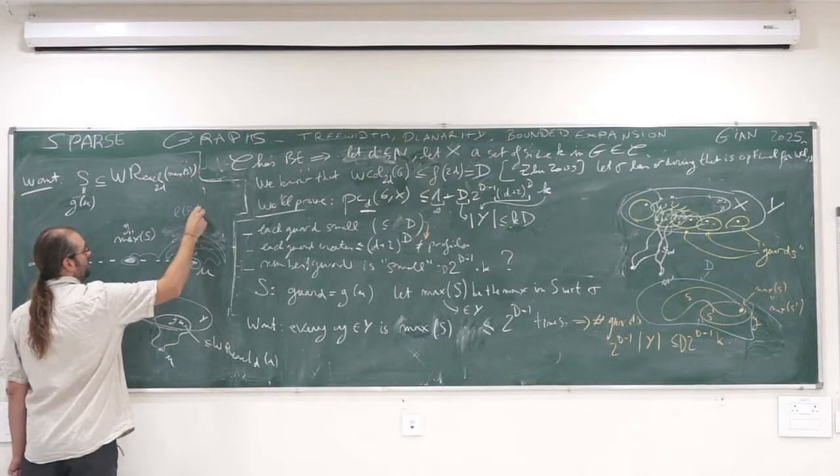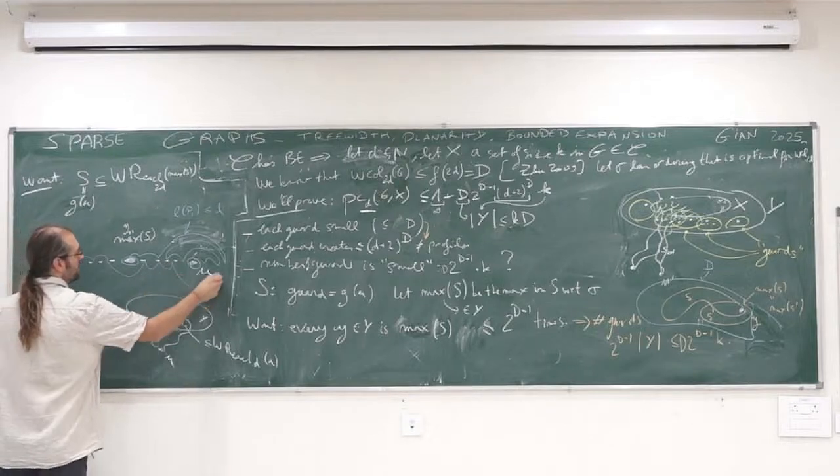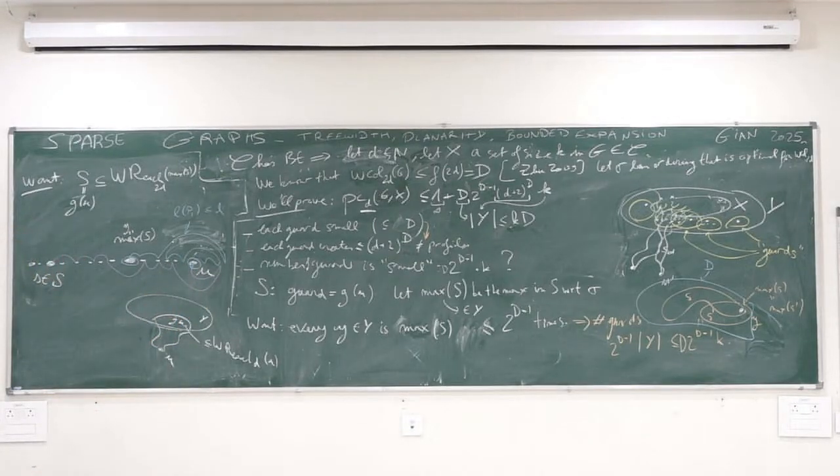Let's go D. So let's take any vertex little s in S. This vertex s is also weakly reachable, so you have another path, this is P2.